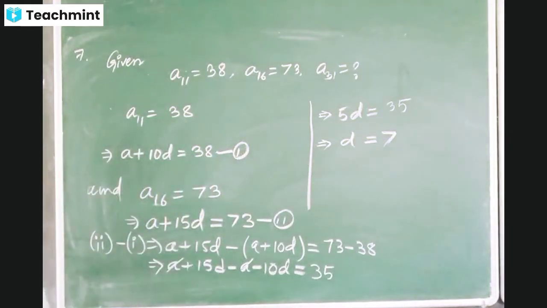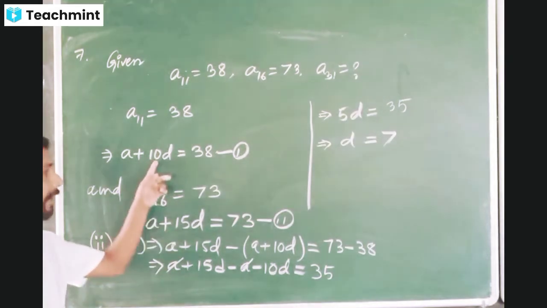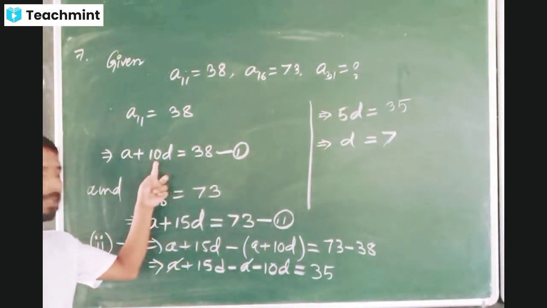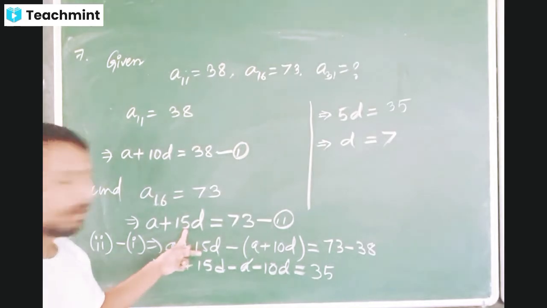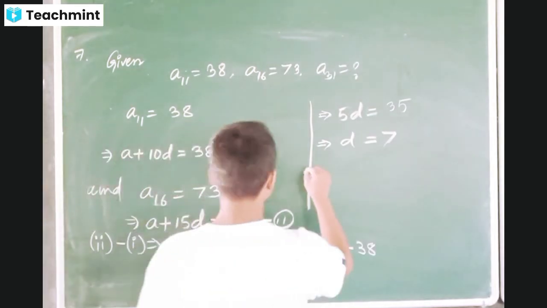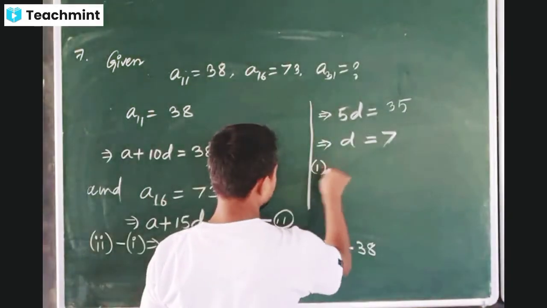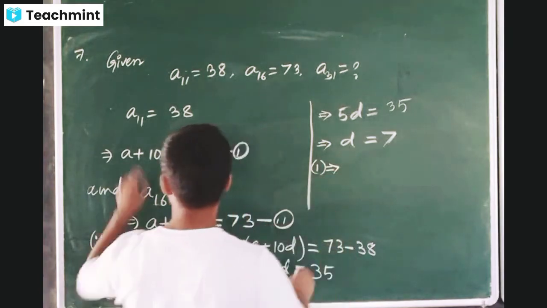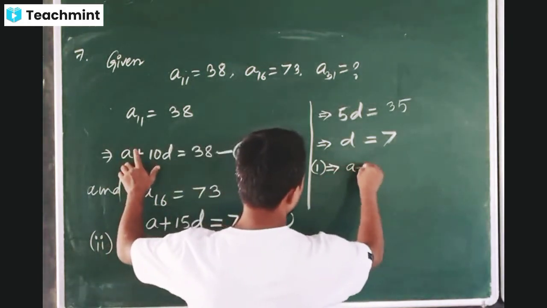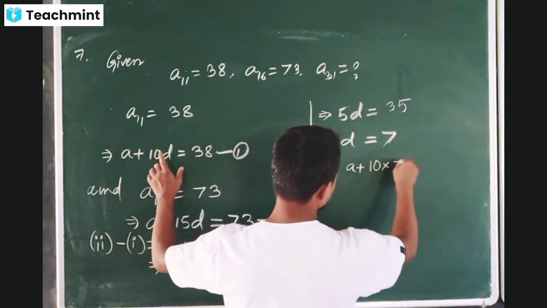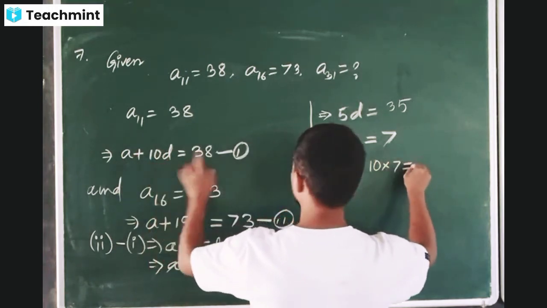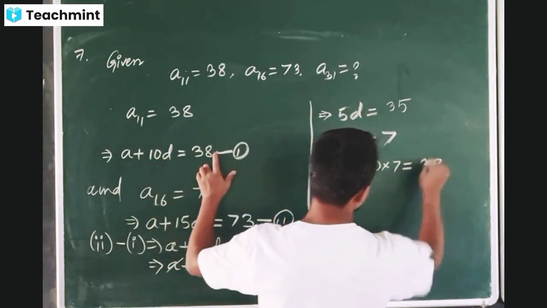Now we can apply that value either in equation 1 or in equation 2. It is up to you, but let me use equation 1. A plus 10 into 7 equal 38.